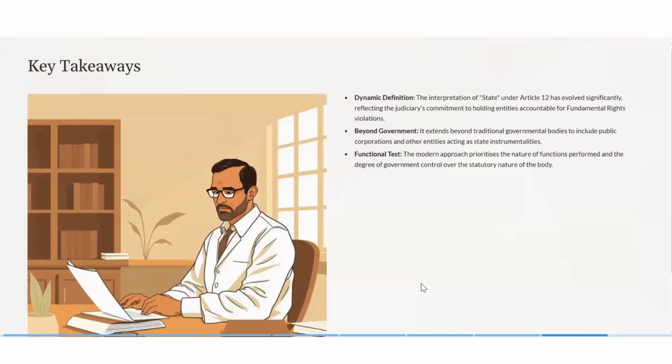Beyond the government: it extends beyond the traditional governmental bodies to include public corporations and other entities acting as state instrumentalities. Functional test: the modern approach prioritizes the nature of functions performed and the degree of government control over the statutory nature of the body. So with this, I would end here.